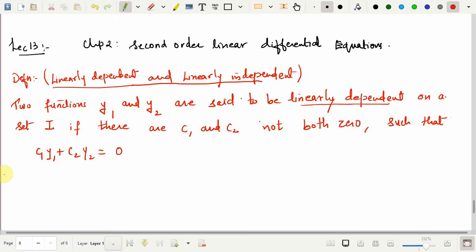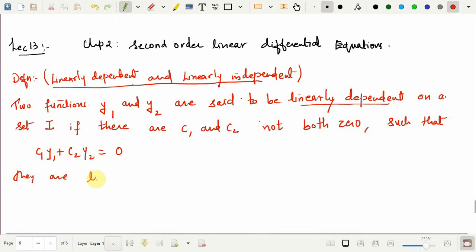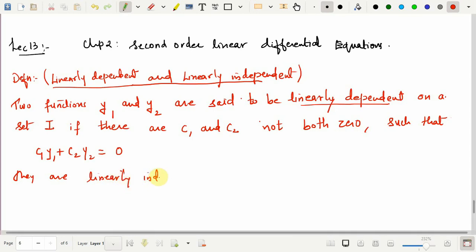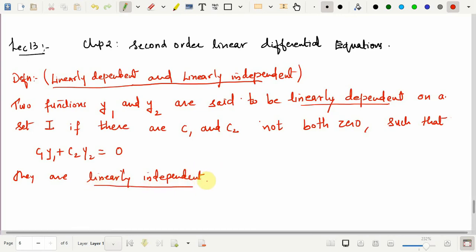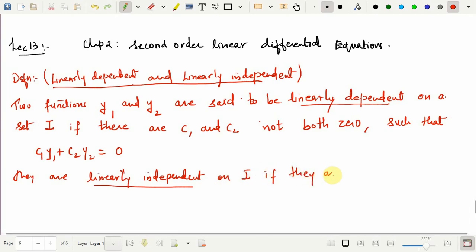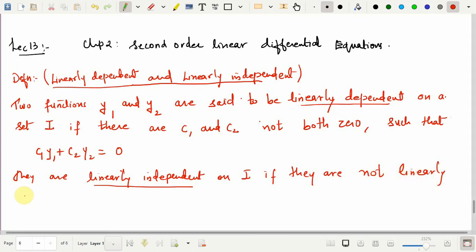So they are linearly independent on I if they are not linearly dependent. Basically what does that mean?